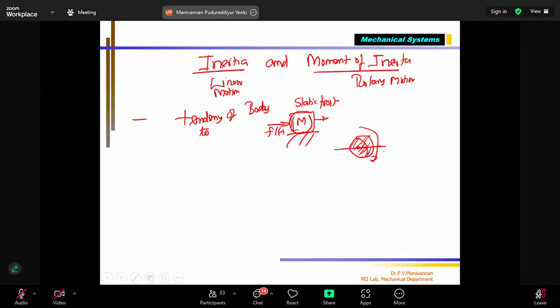Opposition to rotational motion is called moment of inertia. We already looked into that. It acts about the axis about which the rotational motion is happening. And the moment of inertia is distributed over the entire disk.